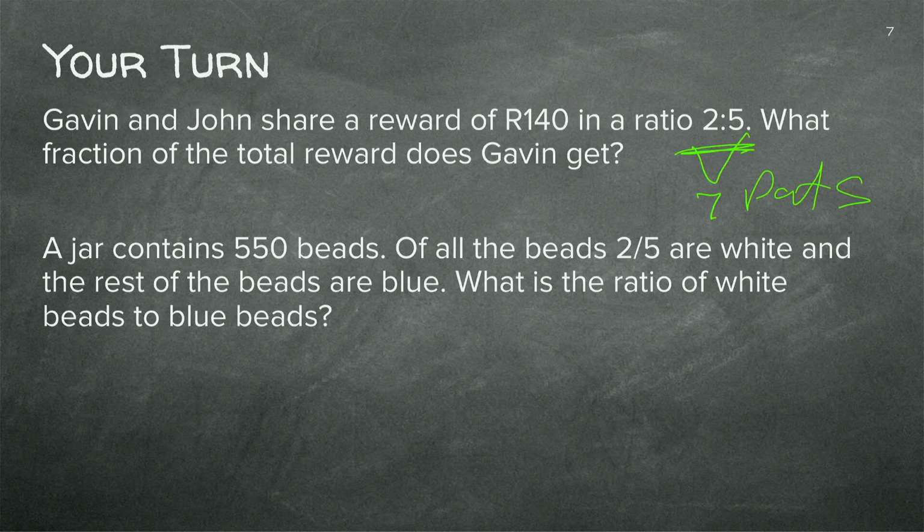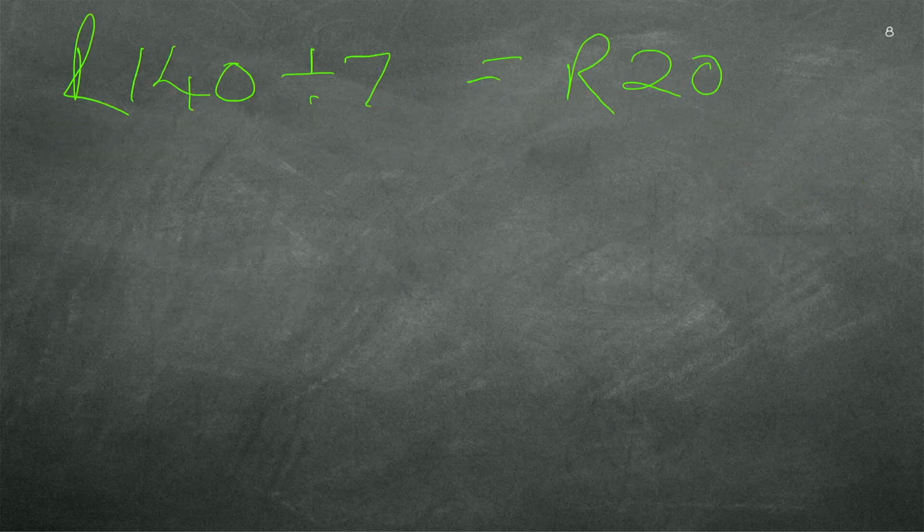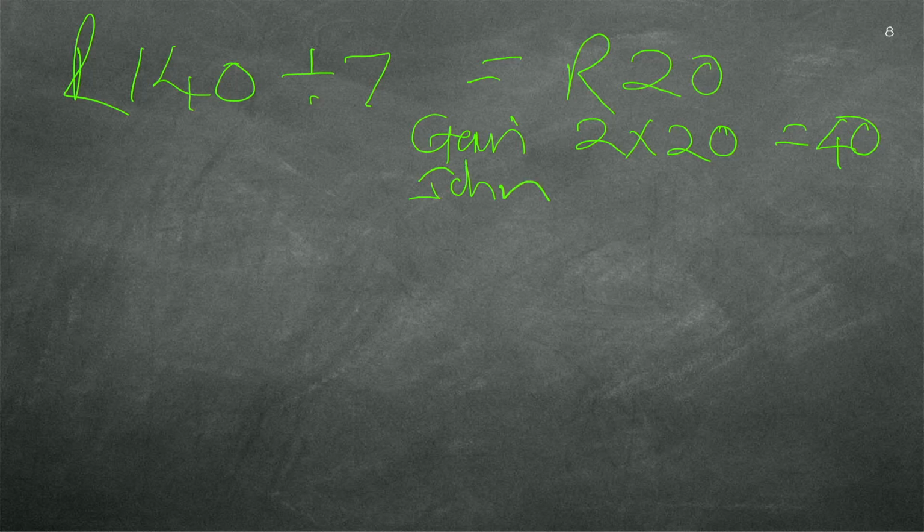So we need to give Gavin, because Gavin gets 2, John gets 5. So Gavin will get 2 times 20, which is 40 Rand. And then John will get 5 times 20, which is 100. And there we have our 140 Rand. Congratulations if you got that correct.